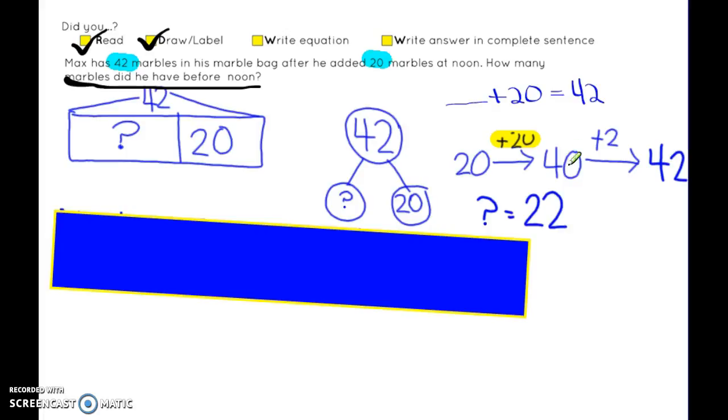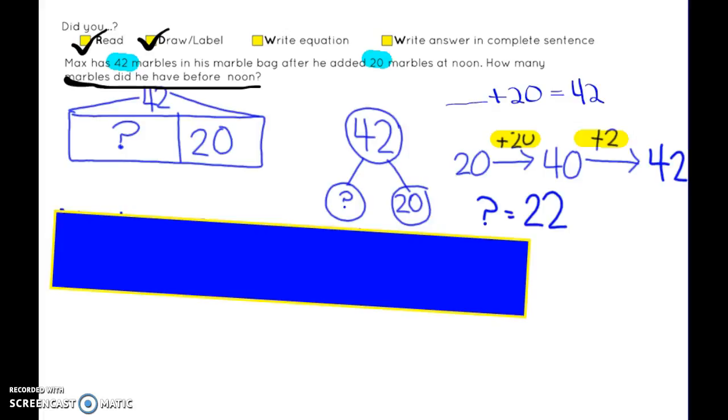So how many do I add to 40 to get to 42? Well, I have to add 2. 20 plus 20 is 40. 40 plus 2 gives me 42. I know that my answer is 22 because I add the 20 and the 2 together.